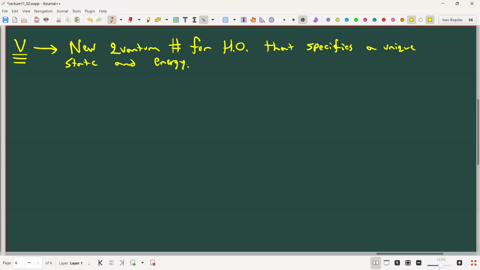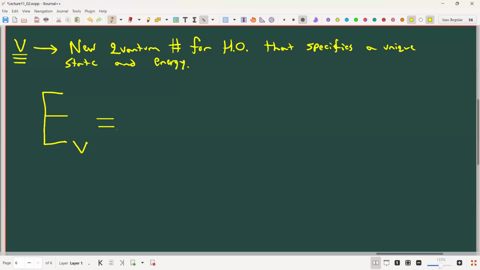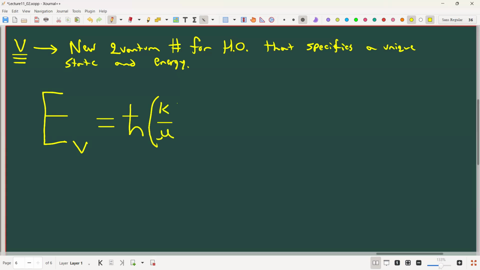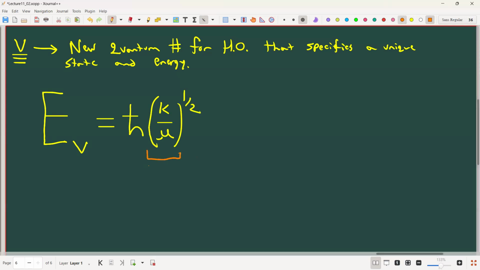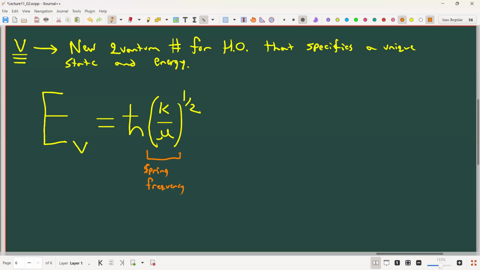When you work out the energy, and I'm not going to go through the math, but it's not too hard to do, we can plug in these wave functions and evaluate the Schrodinger equation. What we find is that for this system, E sub V has a very simple formula: h bar times the square root of k over mu. Remember what this is, it's the frequency of our spring, which we've seen classically.